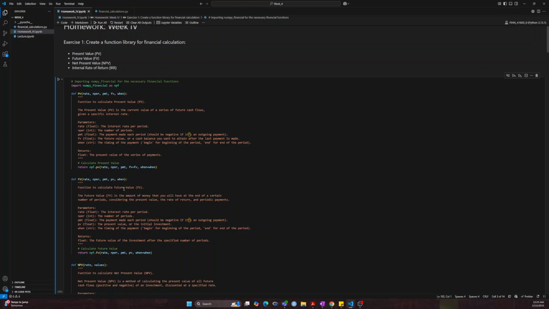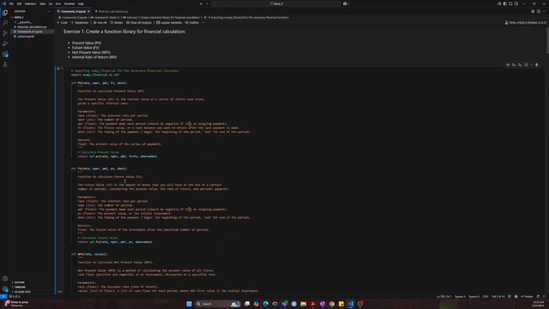Similarly, the future value function determines how much an investment will be worth in the future. NPV and IRR are crucial for investment decisions. NPV discounts future cash flows to the present value, while IRR finds the rate that makes NPV equal to zero. These functions allow us to evaluate investment opportunities efficiently.